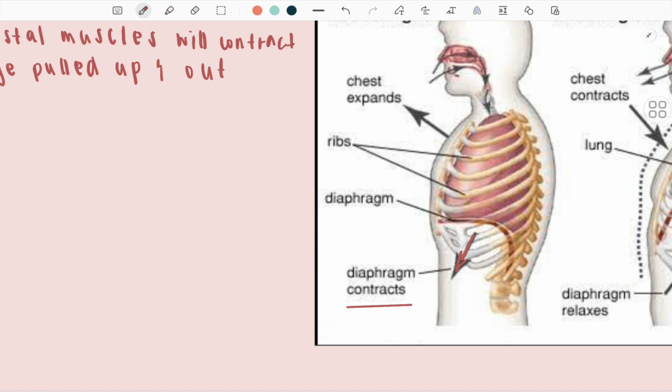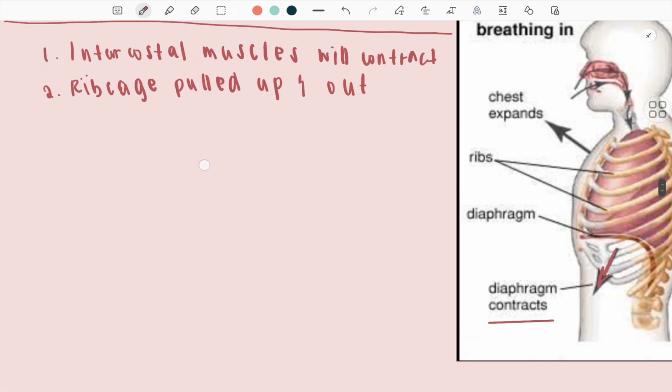So the volume when we breathe in is much bigger, and it has lower air pressure. And then the air gets drawn in to equalize the pressure.